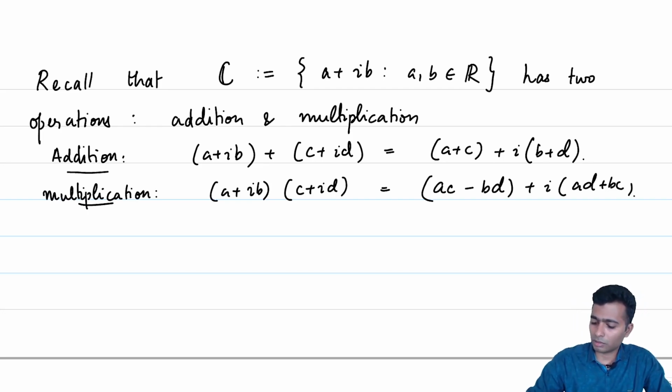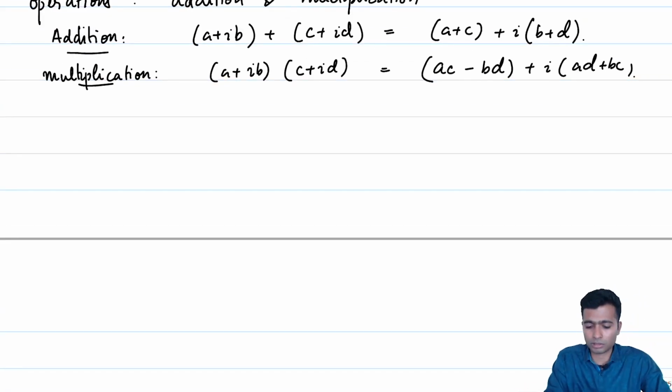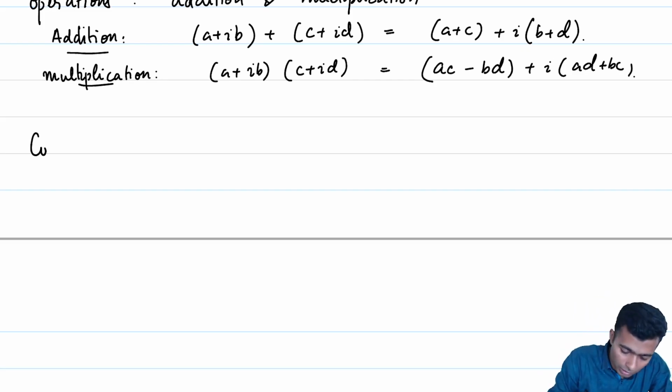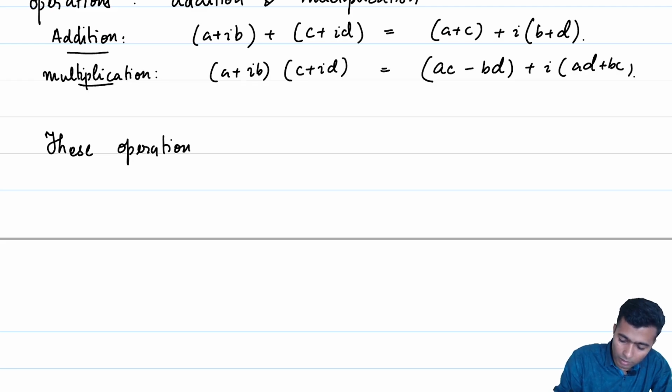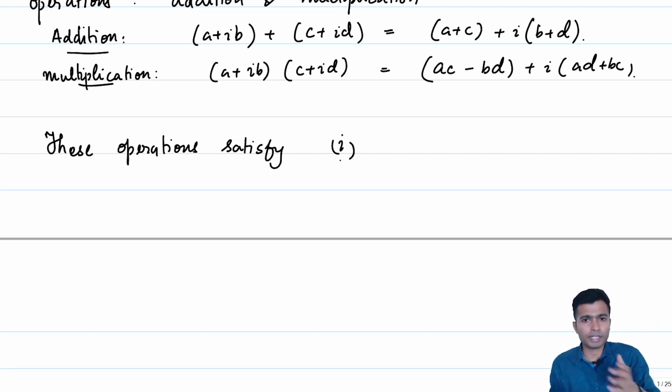So just like in the case of real numbers, the operations that we just defined on the complex numbers also satisfy all those good properties which we had discussed in the very first week. What are the properties that real numbers satisfied with addition and multiplication?